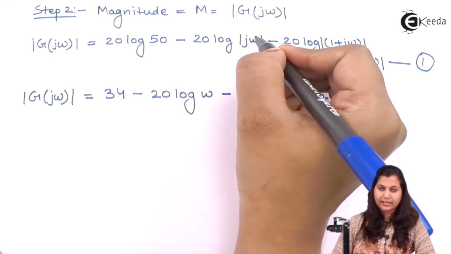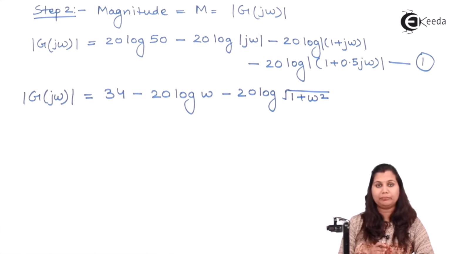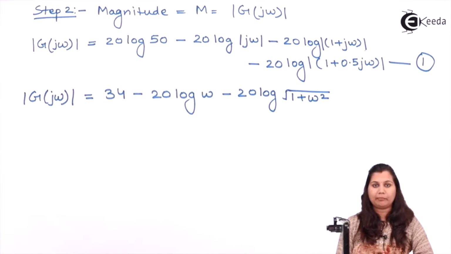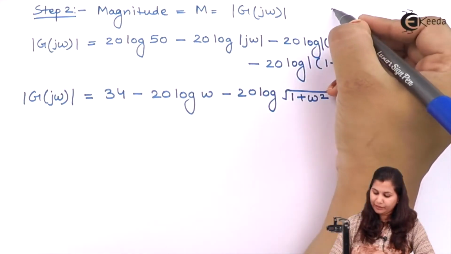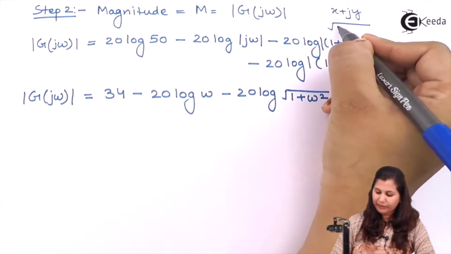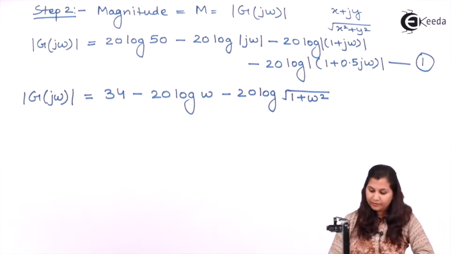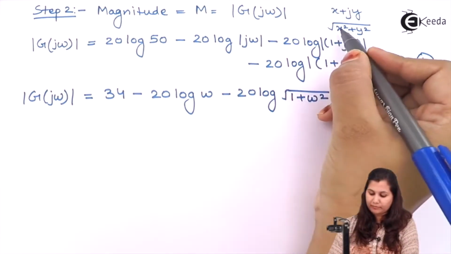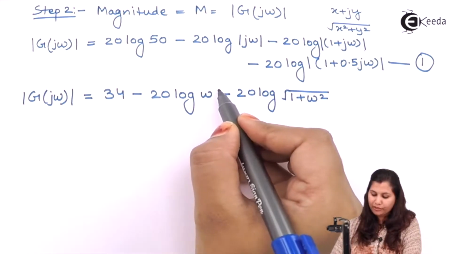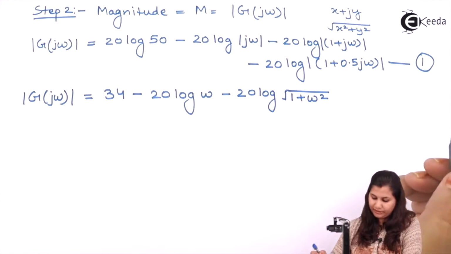Because j omega is a complex term, its magnitude is the square root of the square of the real part plus the square of the imaginary part. Like if we have x plus jy, then its magnitude will be under root of x square plus y square. Here we have j omega, so its magnitude will be under root of 0 plus omega square. So omega we have written here.